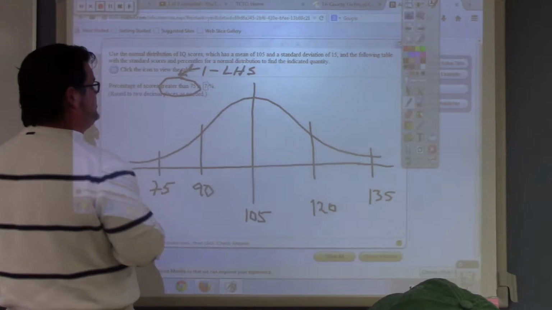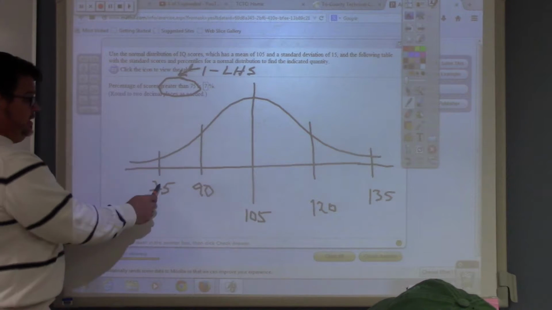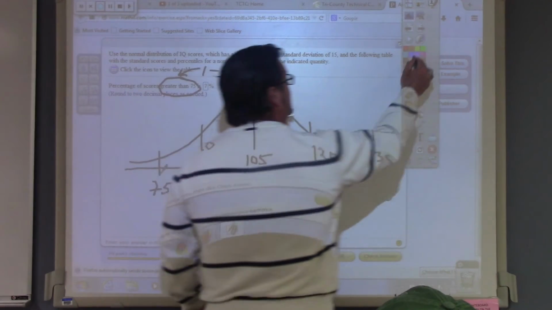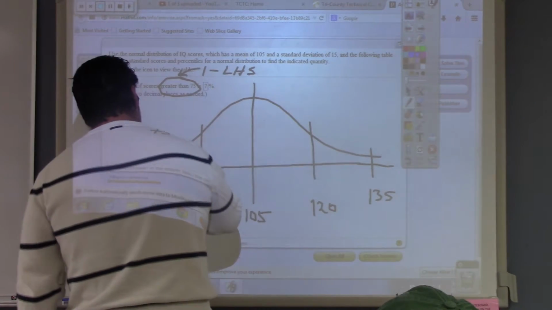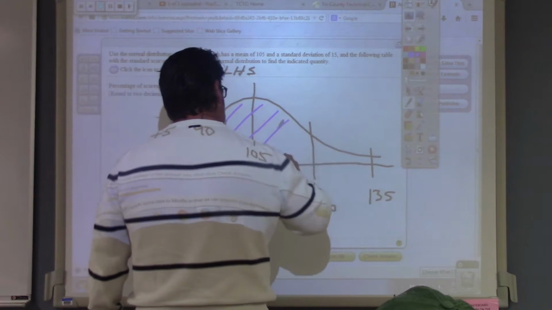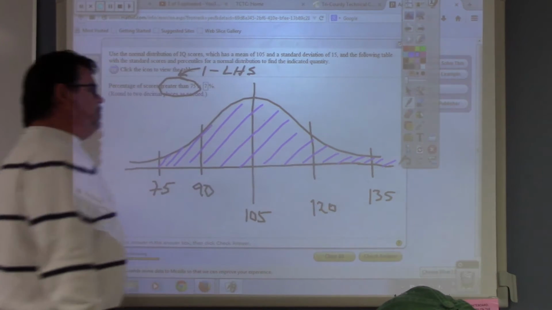So where is 75? Right here. So we need to find those purple marks right there.